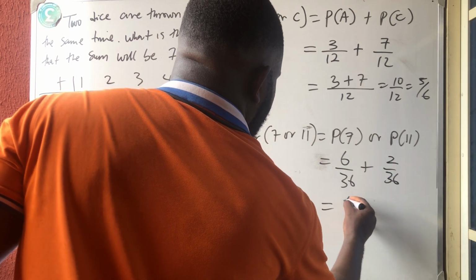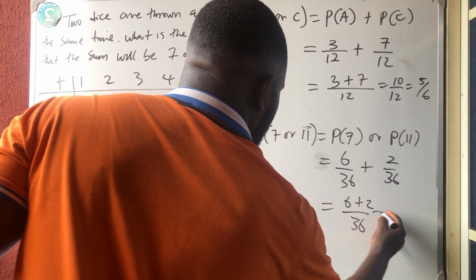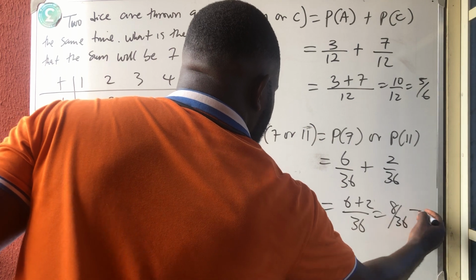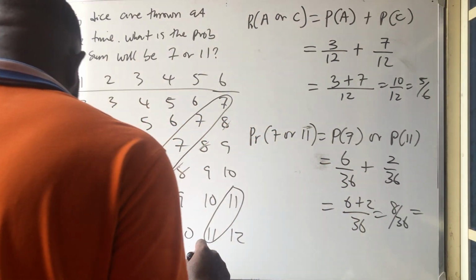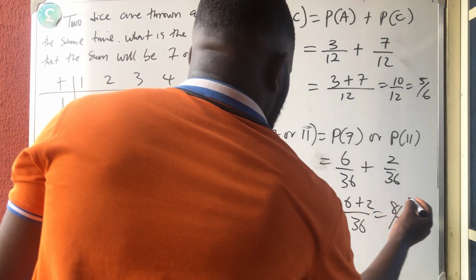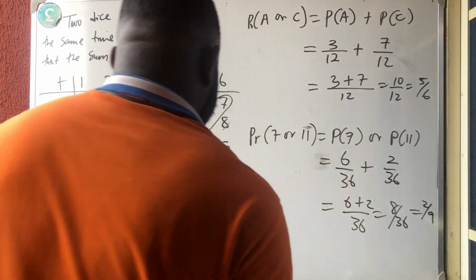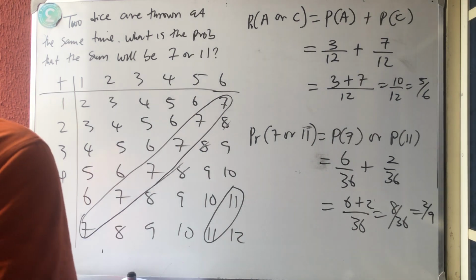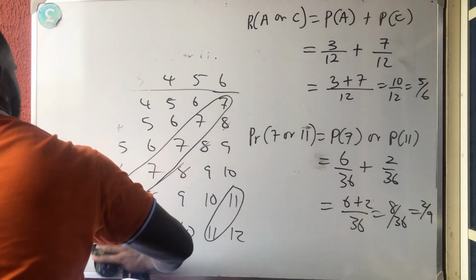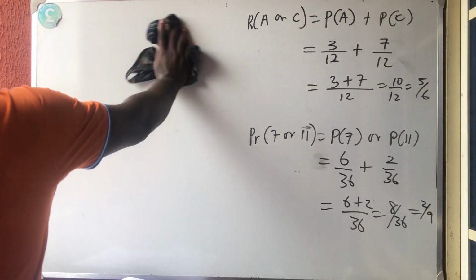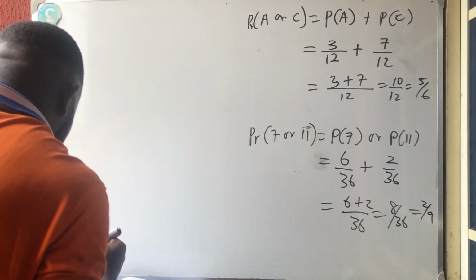So I'm having 6 plus 2 over 36, which is 8 over 36, which gives me 2 over 9. Okay? 2 over 9. The next one, probability is very simple. You just play with it.